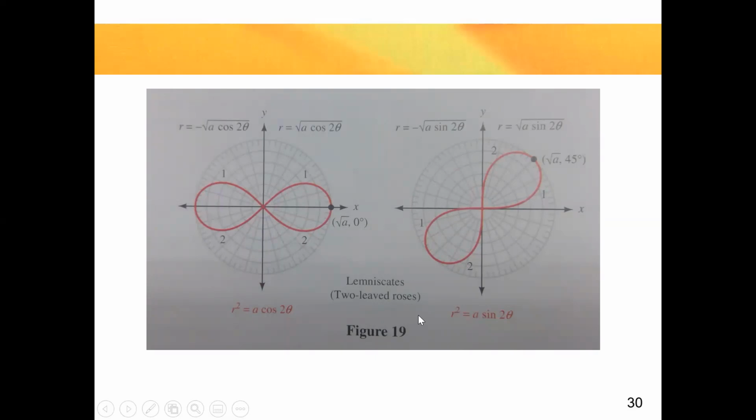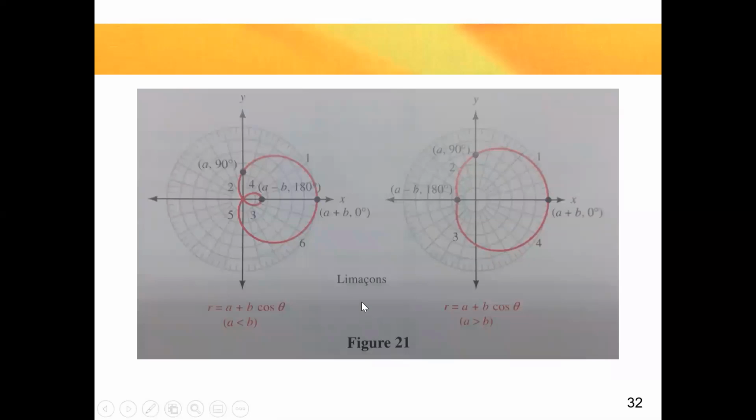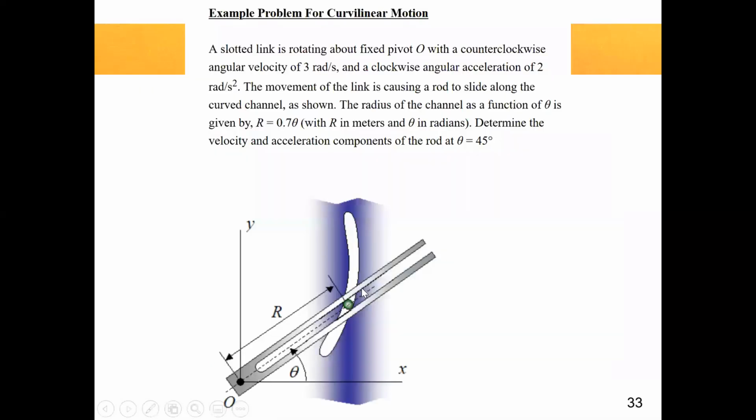They look like infinity symbols, or limniscates. Okay. Cardioids go like this. They go out and then they come back in. And then limaçons go out and back in, but they loop on the inside of things. And so they have those, which is kind of cool. Anyways, those are the graphs that we did not get to.